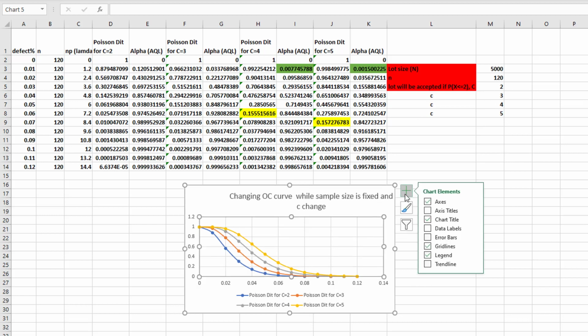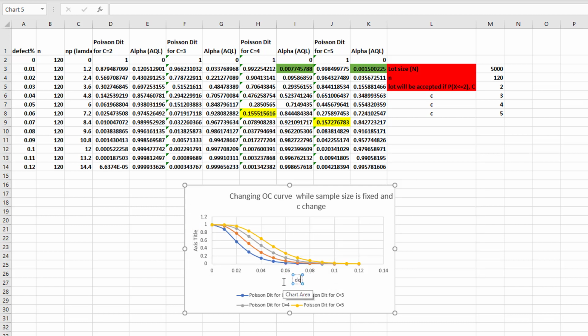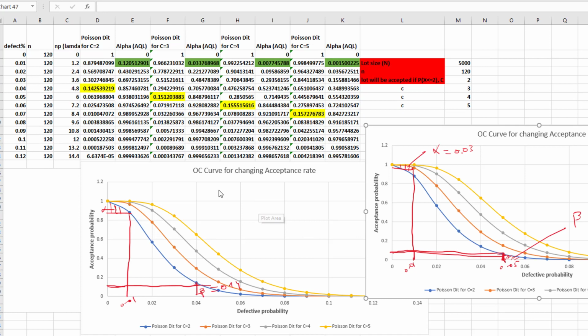Similarly, if you want to add the axis, this is defective probability, and this is the acceptance probability. Acceptance probability while using the Poisson distribution. So when you construct this OC curve for changing acceptance rates, we want to only change these acceptance rates for 2, for 3, for 4, for 5, while our sample size is 120.